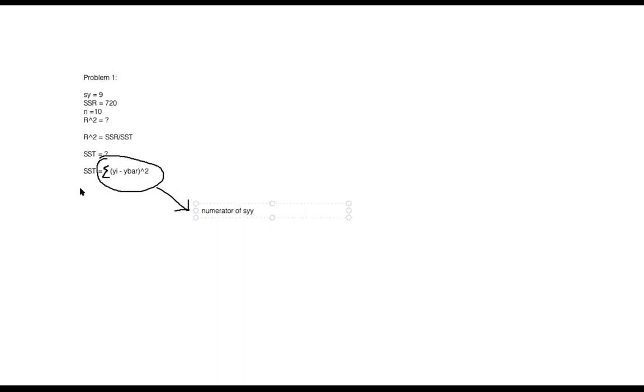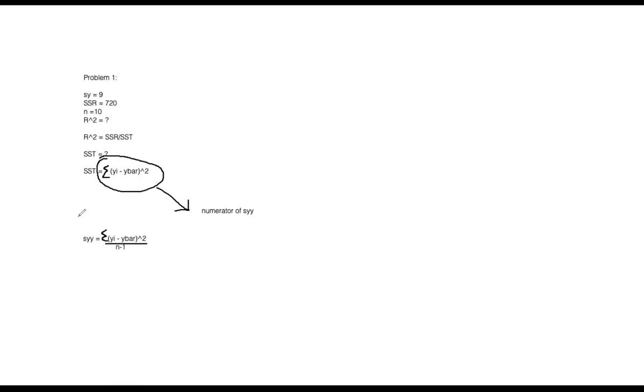So this is the numerator of SYY, because we know that SYY is equal to the sum of yi minus y bar squared, divided by n minus 1. Oops, not 2, n minus 1. So this SST is the numerator of SYY.